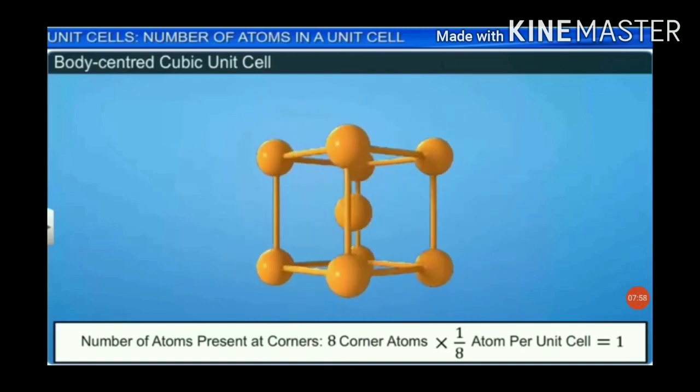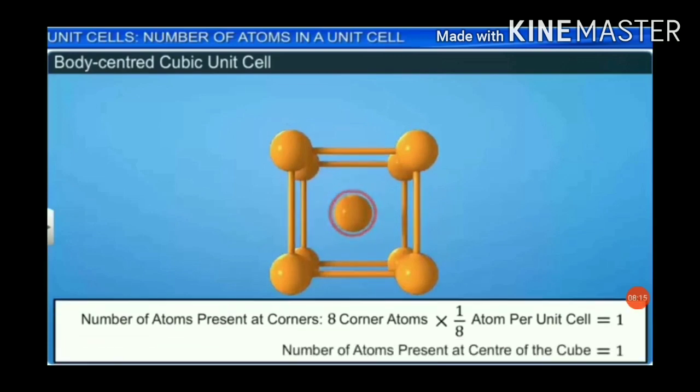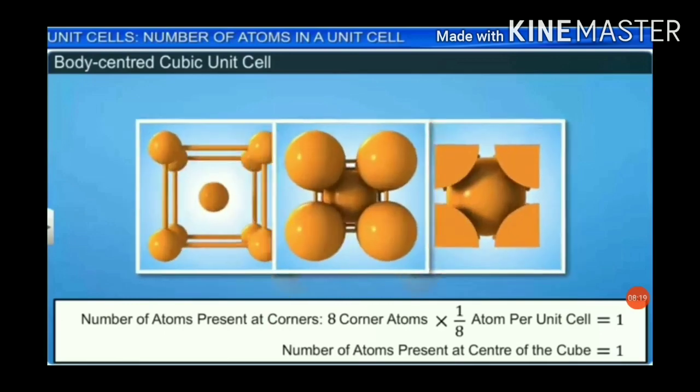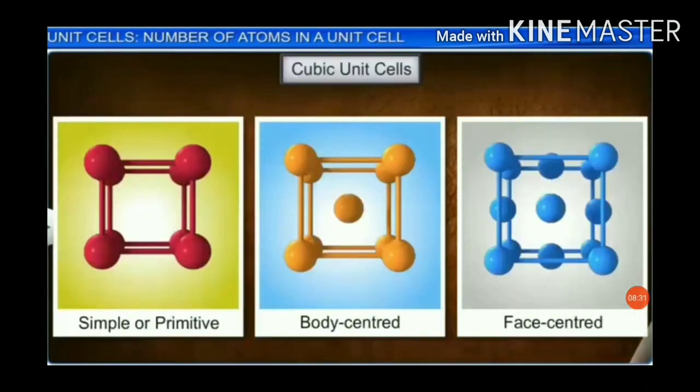Therefore, the effective number of particles present in BCC lattice is equal to particles present at its corners and particle present at its body center, that is equal to 1 plus 1, which is equal to 2 particles. Therefore, the effective number of particles present in a BCC lattice, Z is equal to 2.